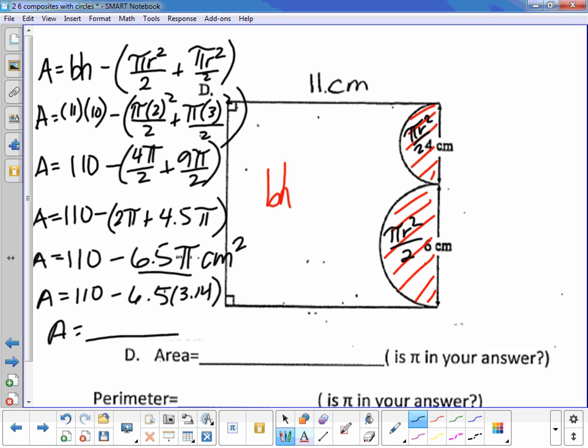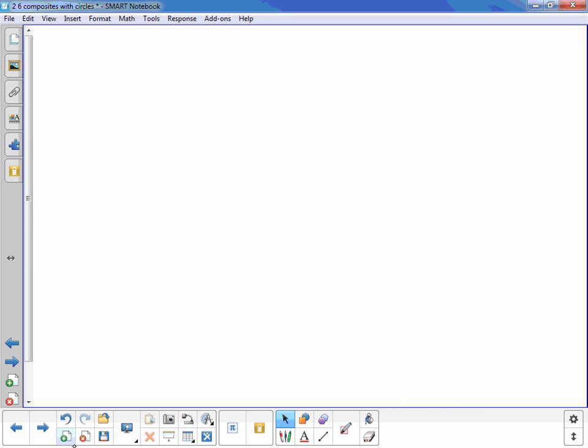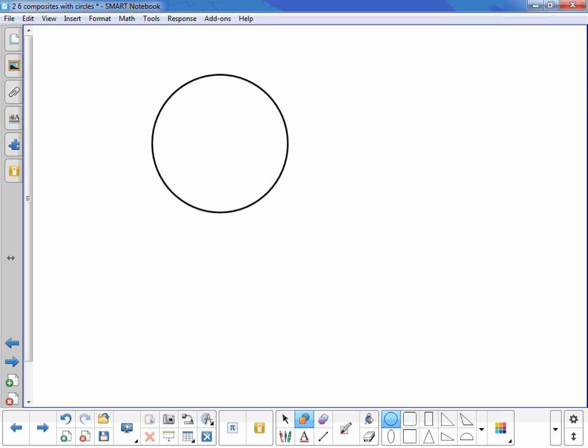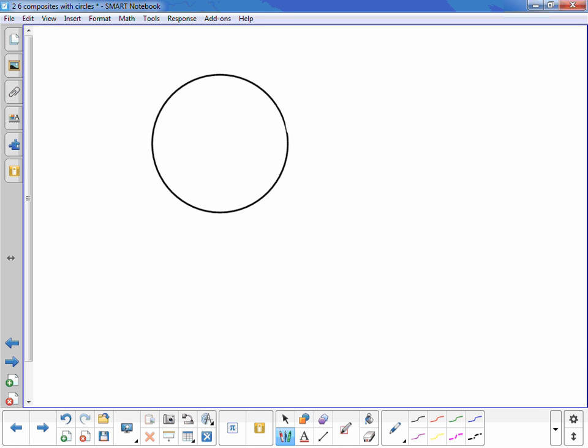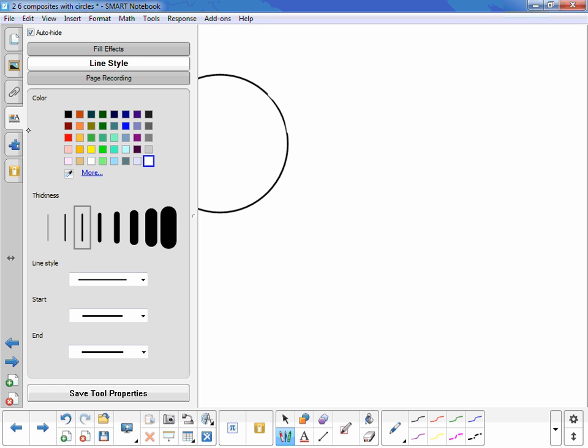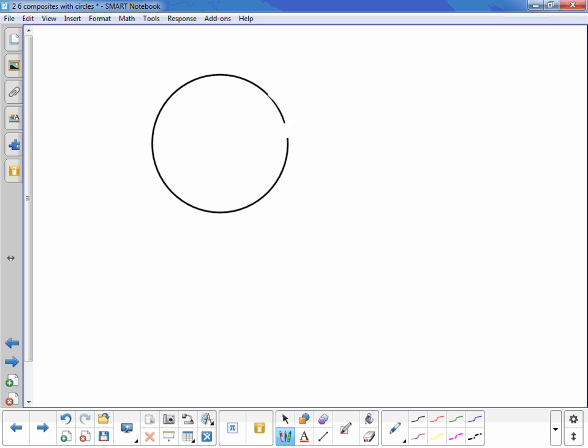All right, I do want to show one more example that you'll see on your homework tonight, just to clarify, and it involves a circle, kind of. But let me fix it. This circle is two semicircles that have been put together, but they're not the same size. So we'll say that's one of them.